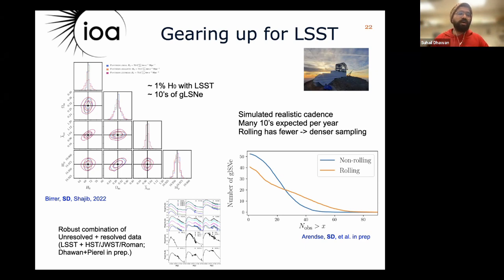I'm also working on the combination of ground and space-based data like we did for SN Zwicky, and seeing what is the most robust way to trigger follow-up such that we can reduce the uncertainties on the time delay and get an accurate estimate of 6 to 7% per object on H0 from lensed supernovae. So there's a lot of exciting work in LSST, which would be an excellent discovery machine, but along with resolved follow-up in order to get the precision that we need for measuring time delay distances accurately.